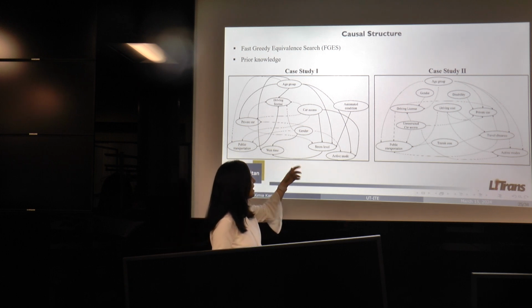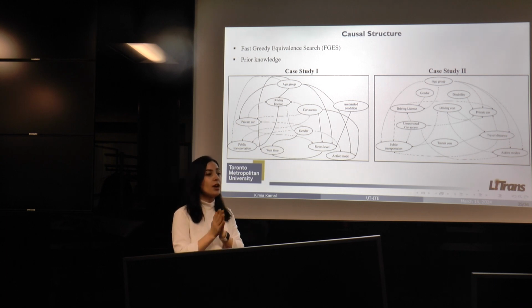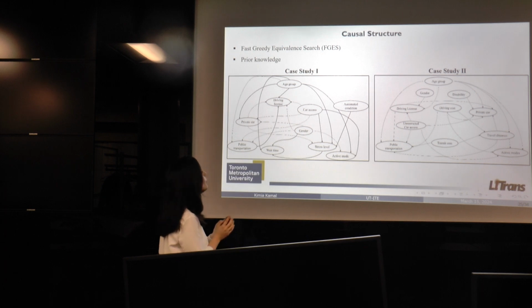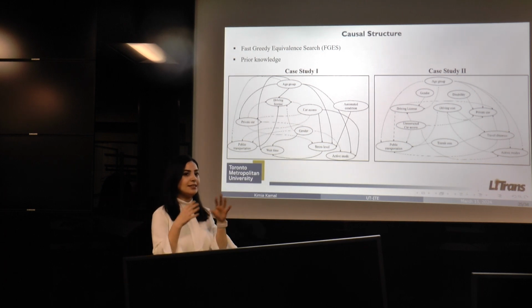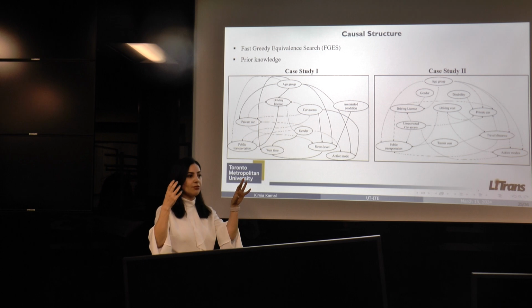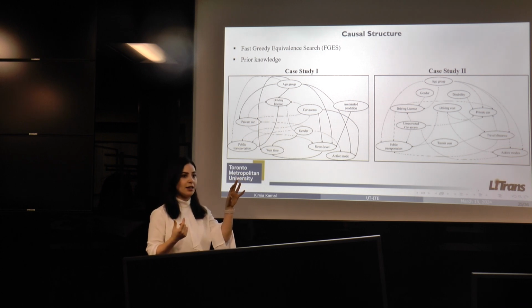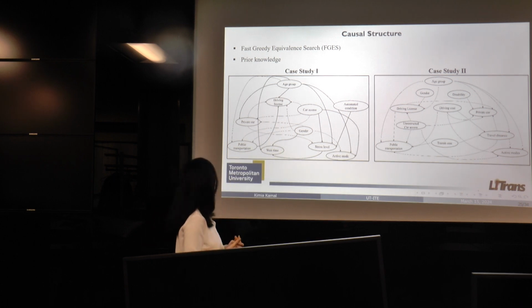With a glance at this causal structure, we can see that for policy assessments, we need causality analysis. Because in typical travel behavior modeling in transportation, we consider all variables as contributing factors of the outcome, and then based on the significance of variables, we keep them or remove them from the model.